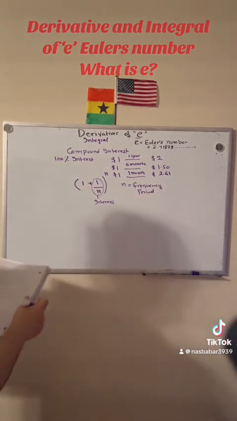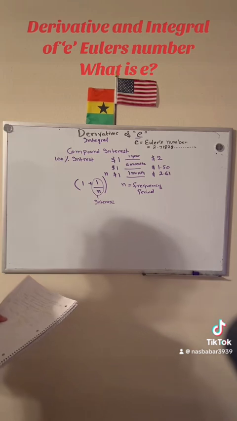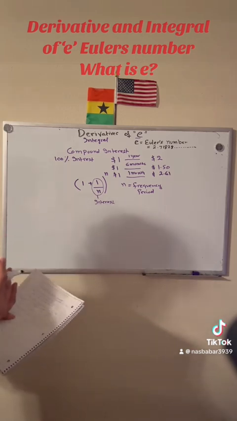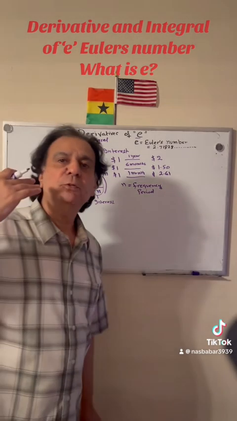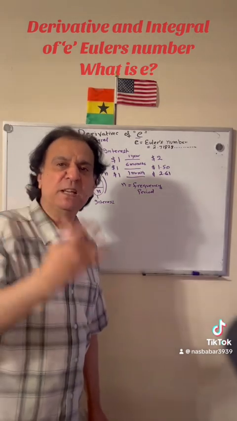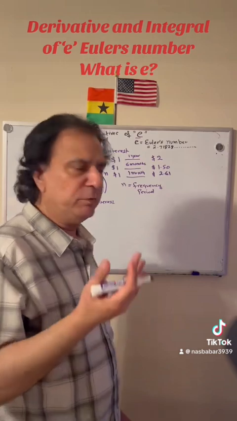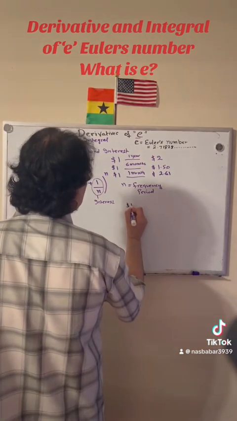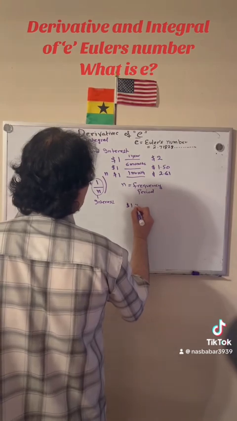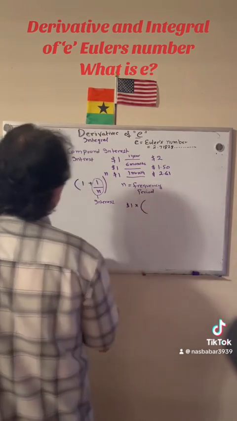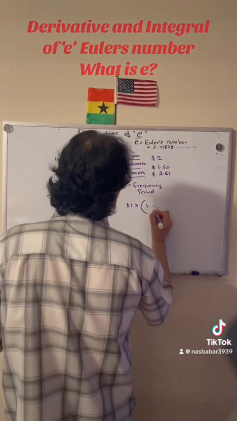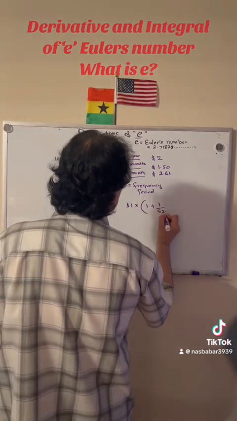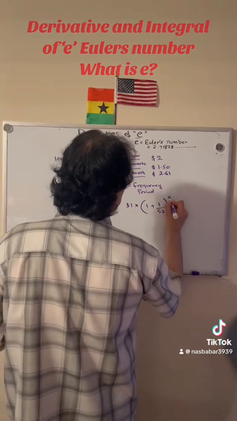Now he came up with this formula, and then we say, if you give me the interest weekly, how many weeks in 1 year? 52. So then I would have $1, which is my original amount, times 1 plus 1 over 52, raised to the power 52.